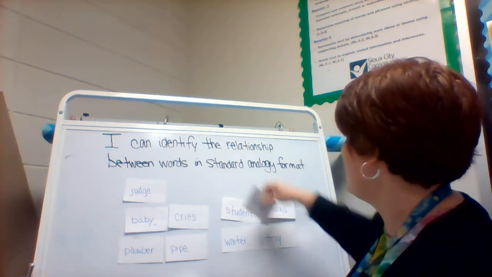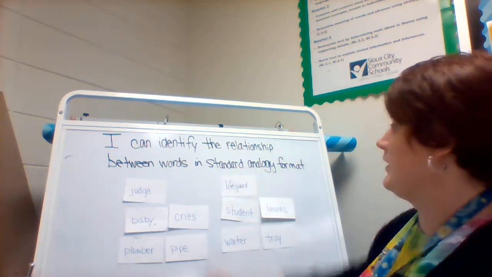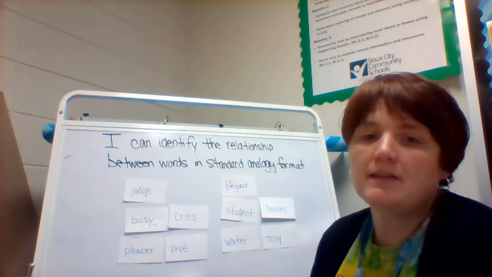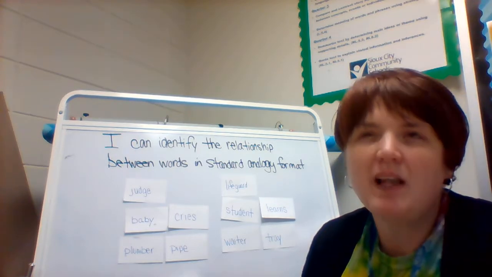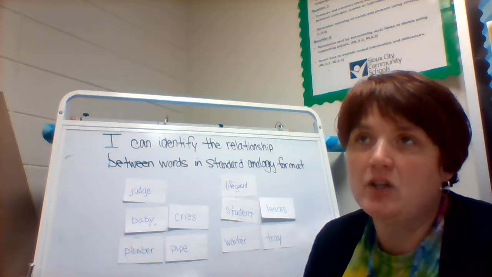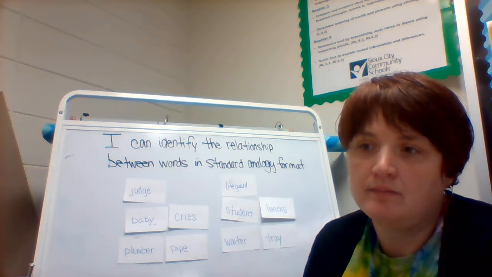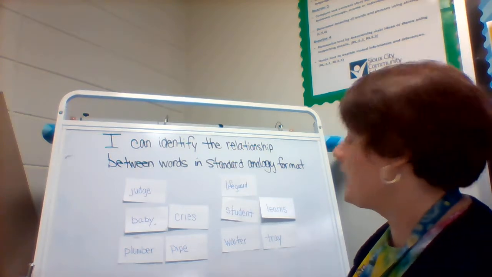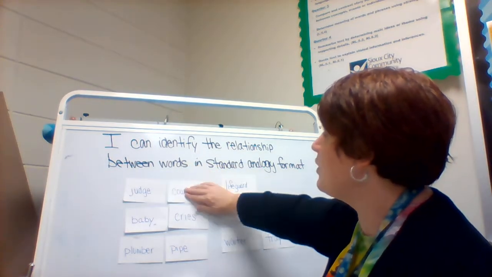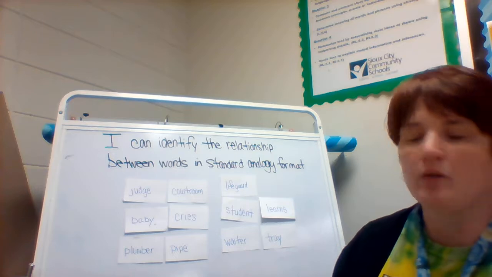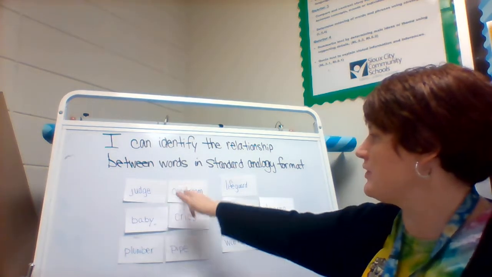The second one is a lifeguard. Think for just a second, where might we find a judge? What location might we find a judge in? The location I came up with, which may be the same as yours, is a courtroom. We might find a judge in a courtroom. So our relationship here is a person to a location.